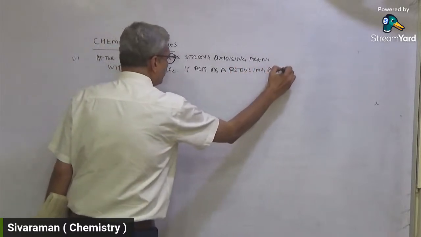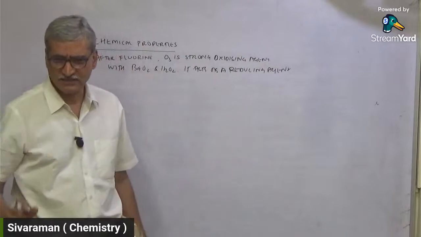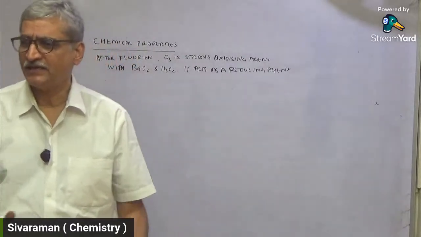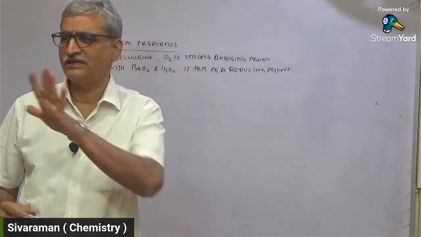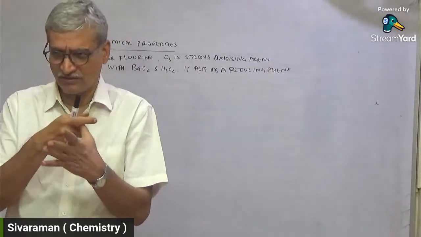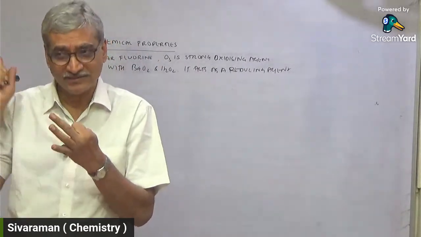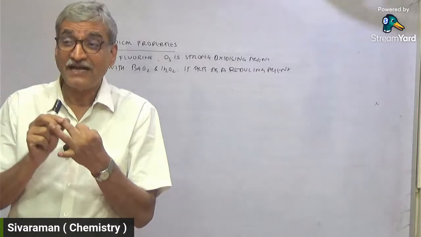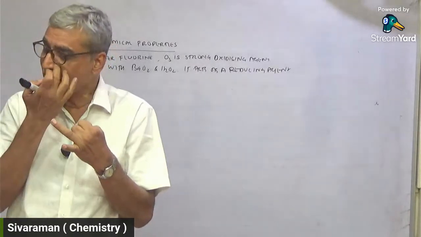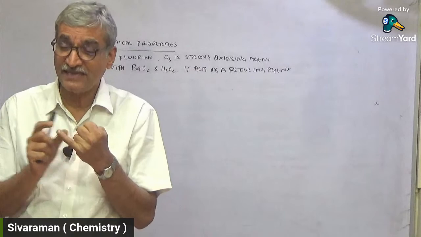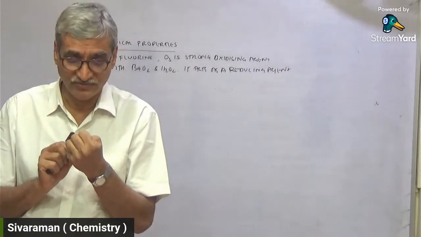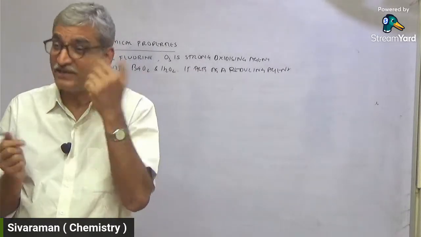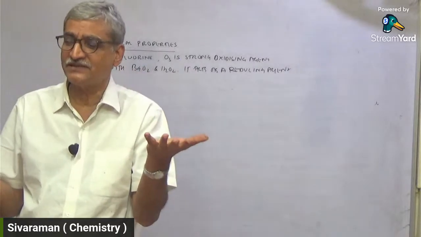I've always told you, Panchabhutas: 5 substances which can act as both oxidizing and reducing agent. One we just saw, that is ozone. Then nitric oxide, hydrogen peroxide, which we're going to learn later, sulfur dioxide and nitrous acid, HNO2. Remember these 5, because they ask which can act as both oxidizing as well as reducing agent.